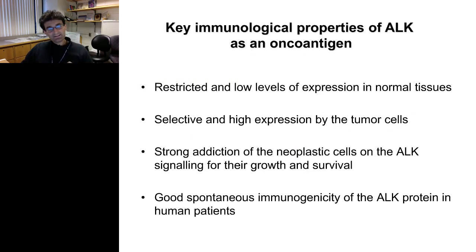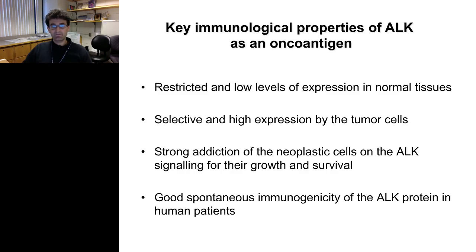So what are these very peculiar biological properties of ALK as an onco-antigen? You might notice that we use the word onco-antigen here because it's not a simple tumor-associated antigen, but an antigen that is expressed by cancer cells and is also oncogenic. So what are these key immunological properties?